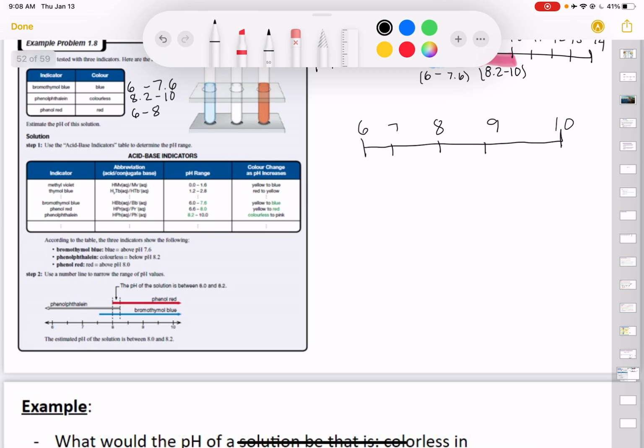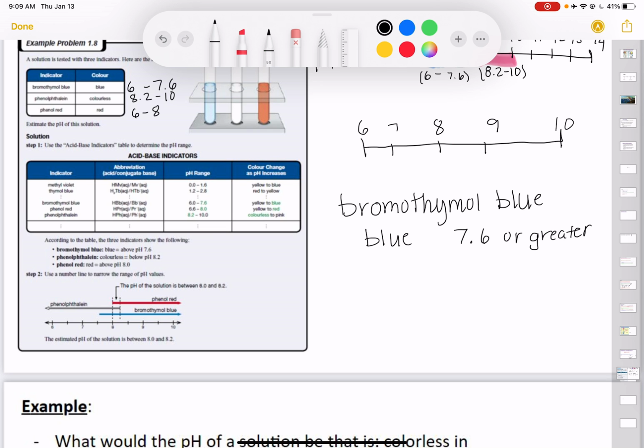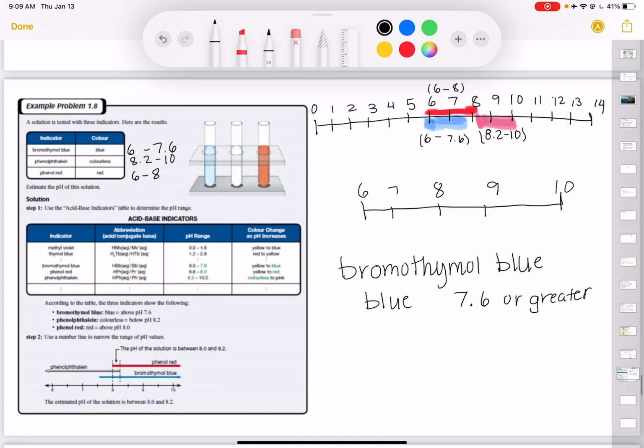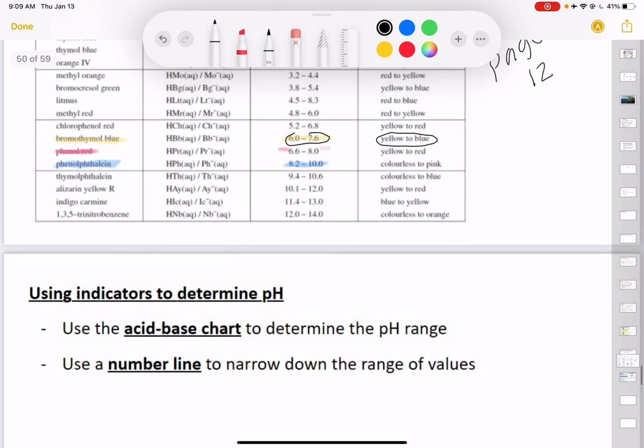So for bromothymol blue, if it turns blue, which is what it said, we're going to assume this is 7.6 or greater, okay? Let's go to the next one. Phenolphthalein is colorless. So let's look at this.